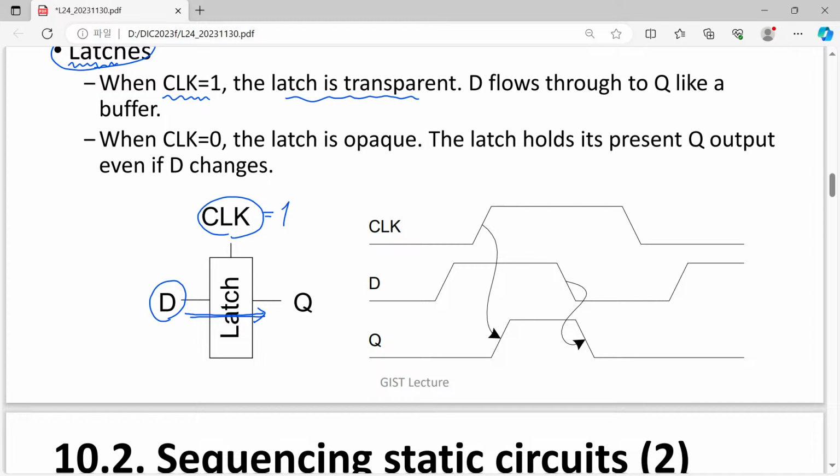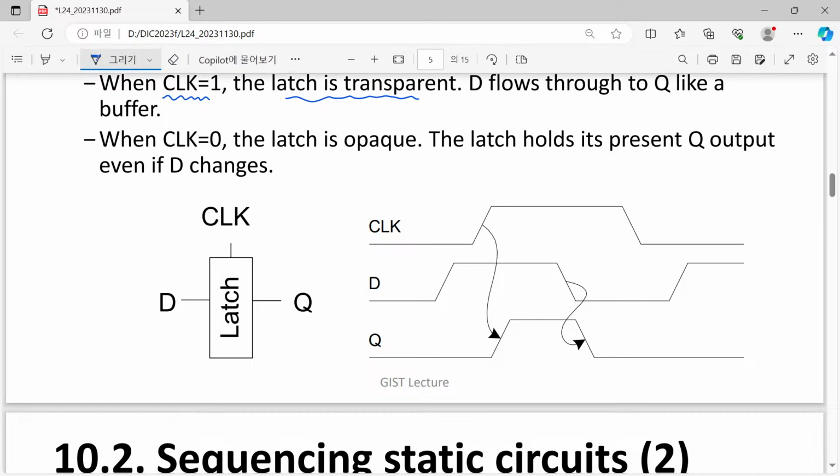D flows through to Q like a copier. So when this is 1, the data comes in, and then it is just copied to our Q.